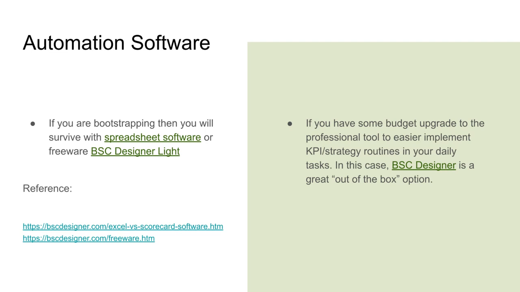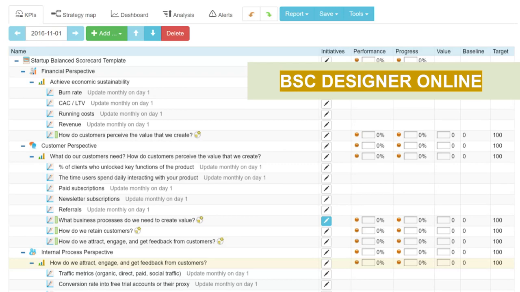So you just install it and you have some KPIs, you have some automatic strategy maps, and it's really great. And if you started with the freeware BSC Designer Lite, you can just open your scorecard in BSC Designer Online or BSC Designer Pro, so you don't have any migration costs.